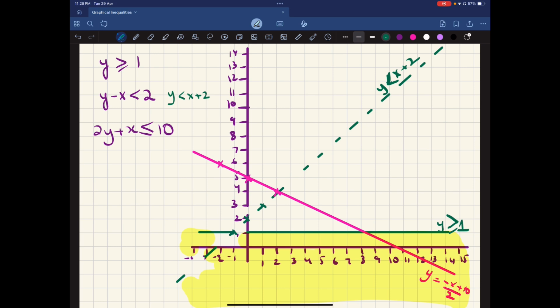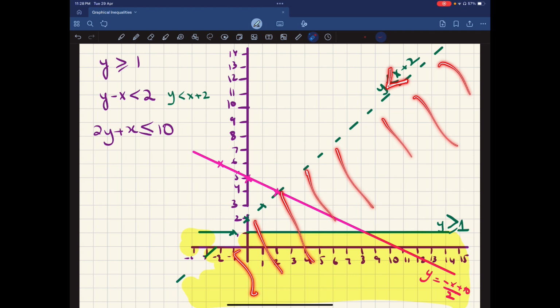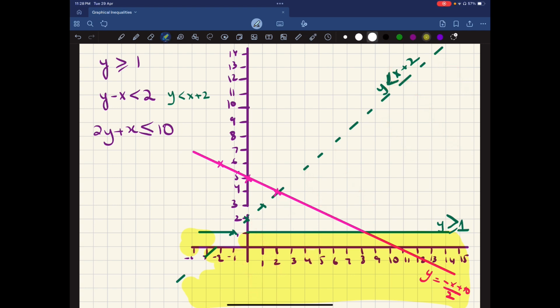Second step, the inequality is y is less than, so the required region is going to be below the line. So we're going to shade the region which is above the line.